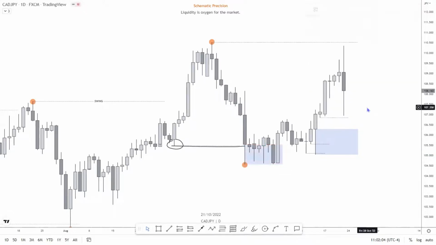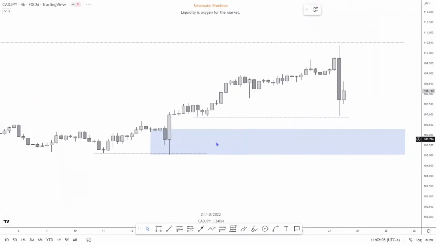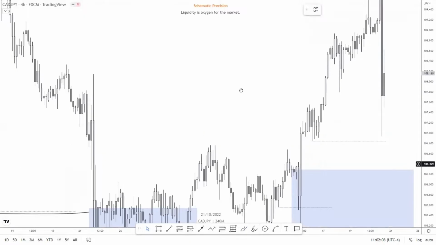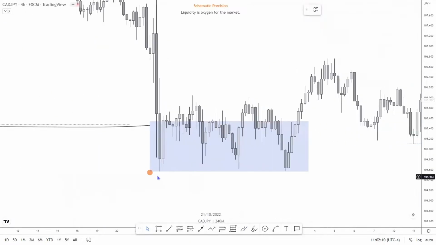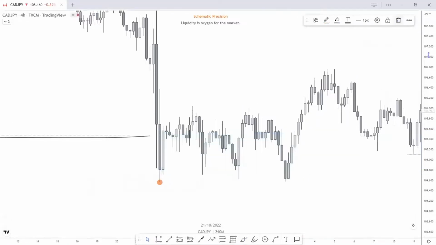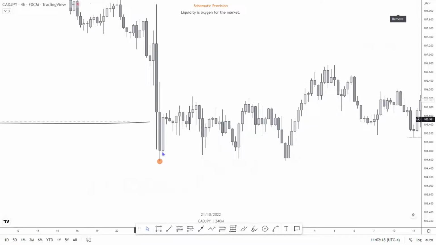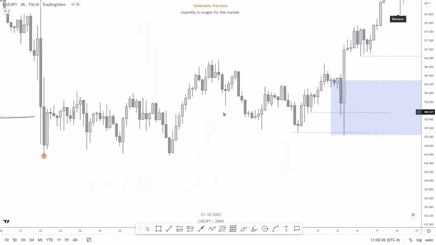Right? And going down to 4 hour in this area, you'll see price has not been able to even sweep this low as well. If we keep going down on lower time frames, you will see there is some demand here that has been mitigated before the price moved higher.